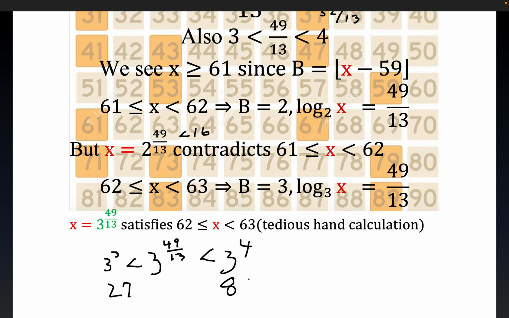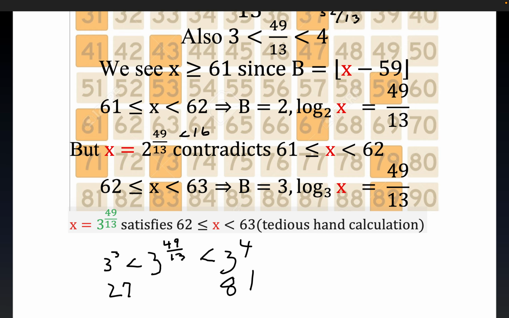So we do know our number is between 27 and 81, but that's a far cry from this. It's a very tough hand calculation. I think this is approximately 3.75 hmm, I mean approximately 75, but by hand I may never in my lifetime have gotten that right.